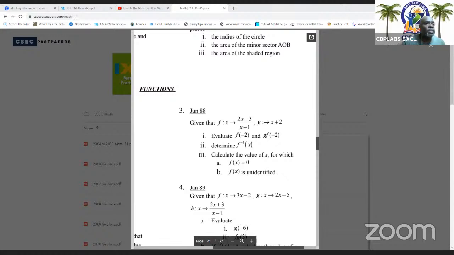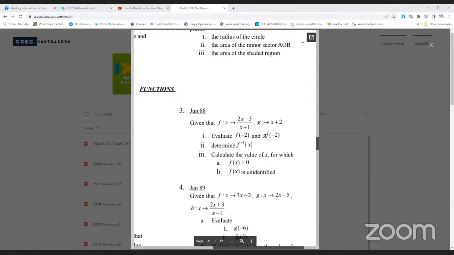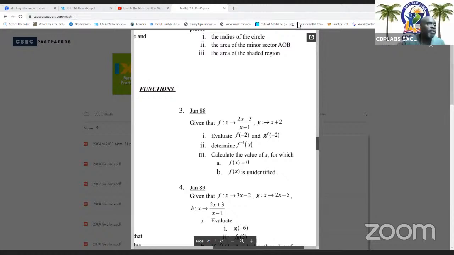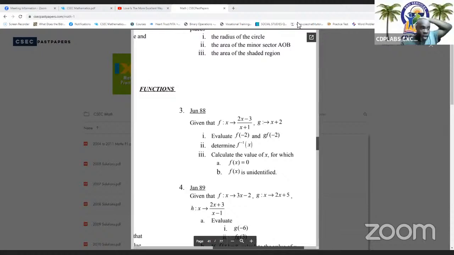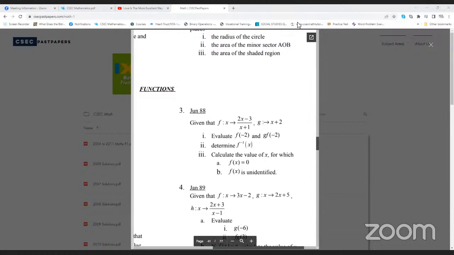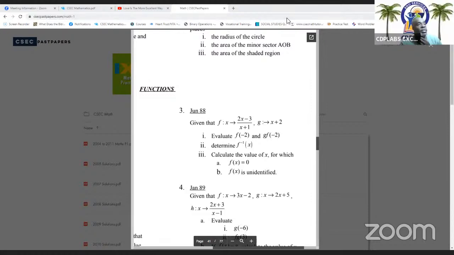All right. So what answer did you get? I got 1 over negative 1. So for f of negative 2, that's what I got, 1 over negative 1.